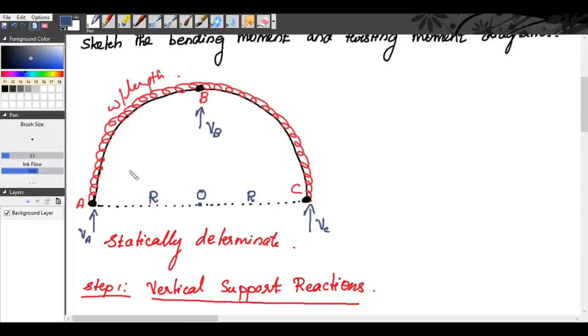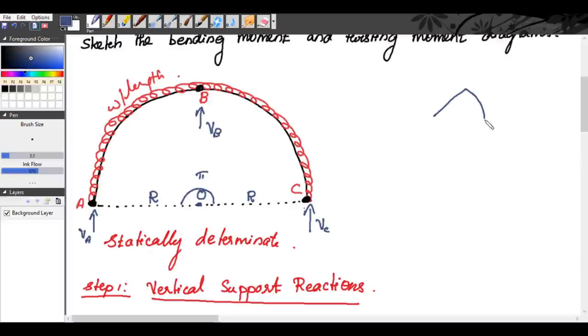Now, this total length ABC, see this angle is pi, 180 degrees. So this perimeter ABC will be equal to pi R, the radius into the angle subtended by the curve.